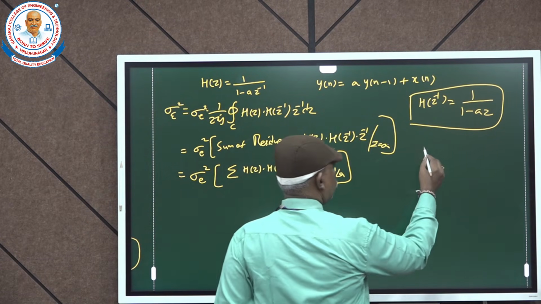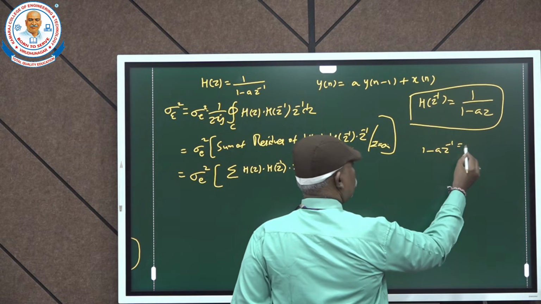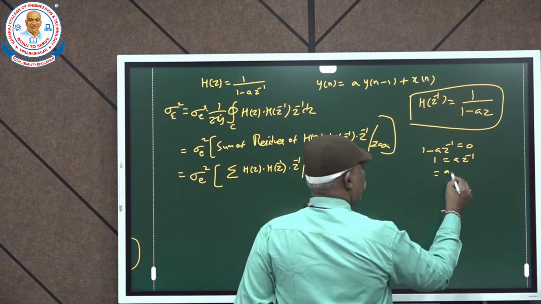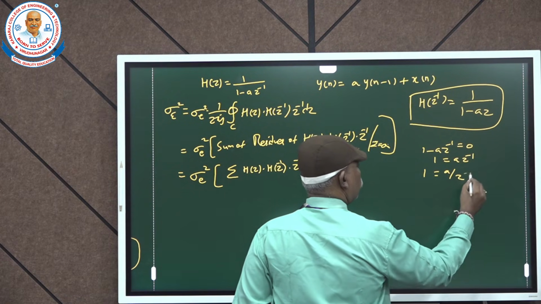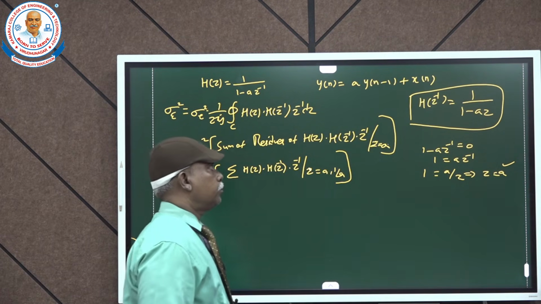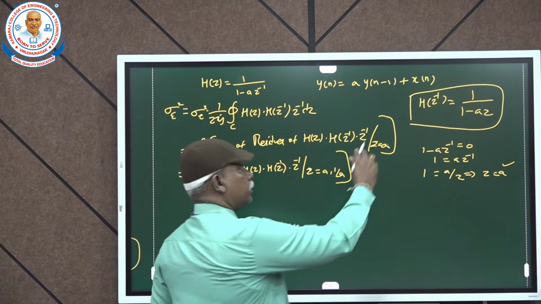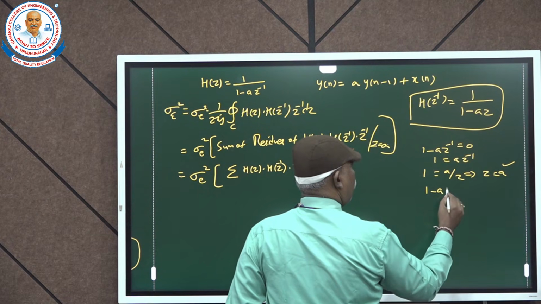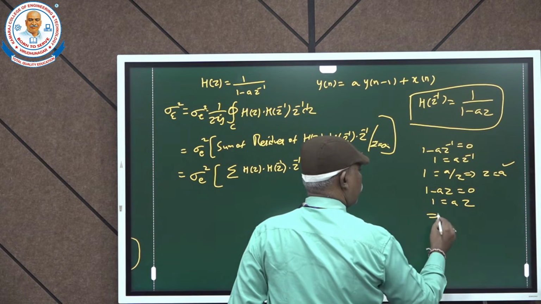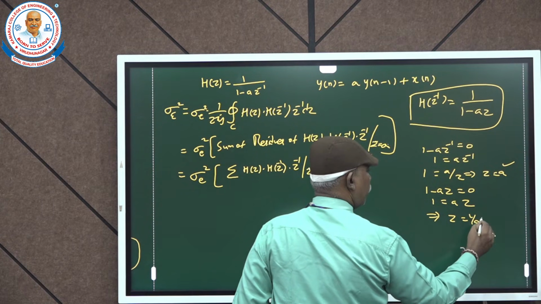That means 1 is equal to a z inverse, so z is equal to a. So, one pole is z equal to a. And another pole comes from 1 minus a z, so 1 is equal to a z, which implies z is equal to 1 by a.